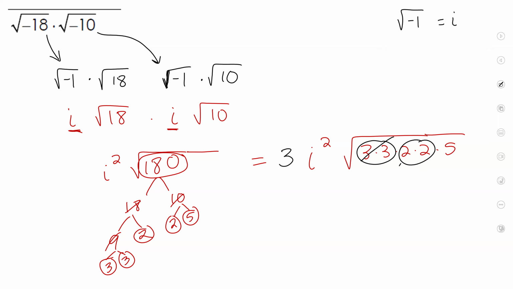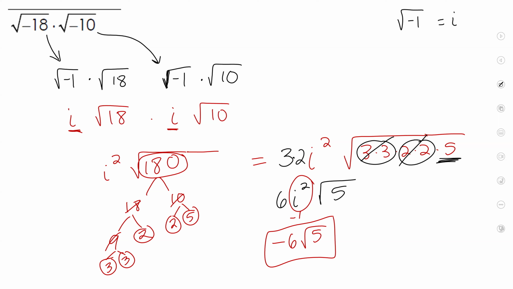Here's a pair of 2's, cross it out. So what I'm left with is 6I squared, and on the inside, square root of 5. Now remember, what did we say I squared was? -1, correct? So this is -6 square root of 5.